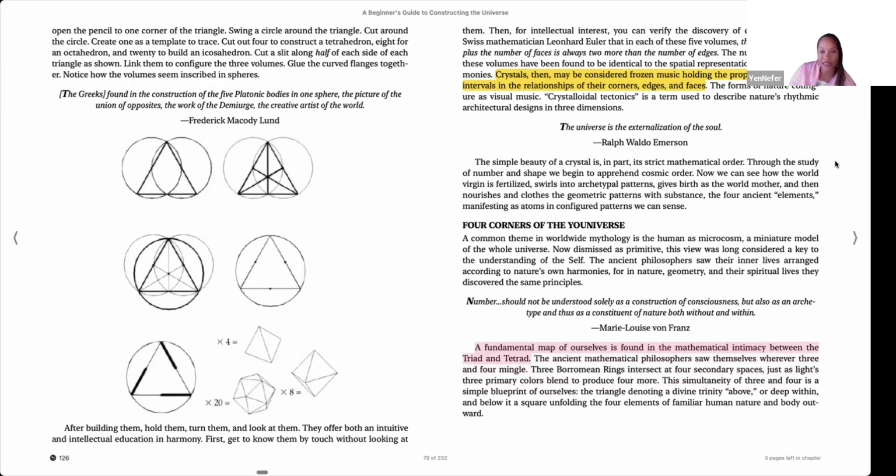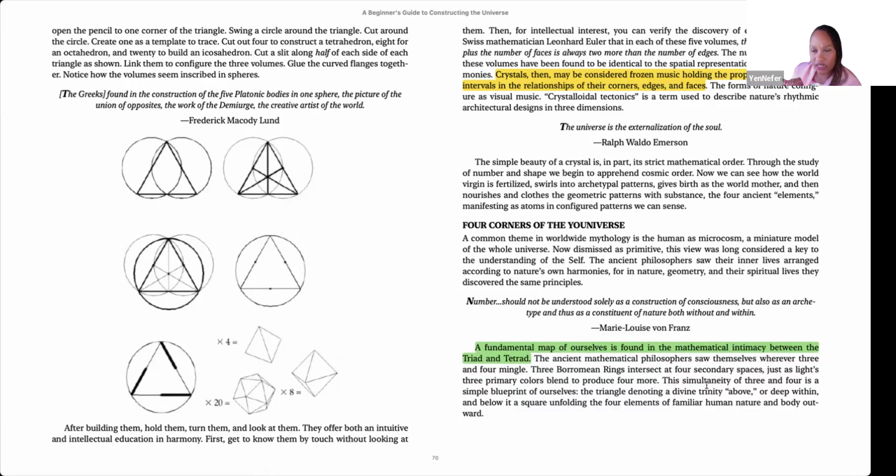Uh-oh, it's about to get good. Well, it's all good, but the ancient mathematical philosophers saw themselves wherever 3 and 4 mingle. 3 Borromean rings intersect at 4 secondary spaces, just as light's 3 primary colors blend to produce 4 more.